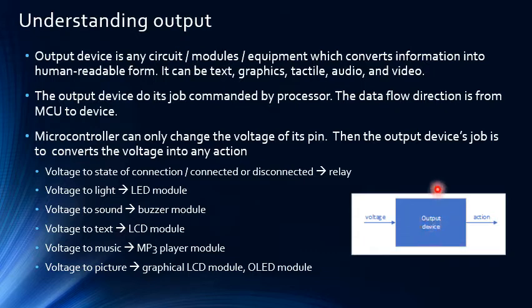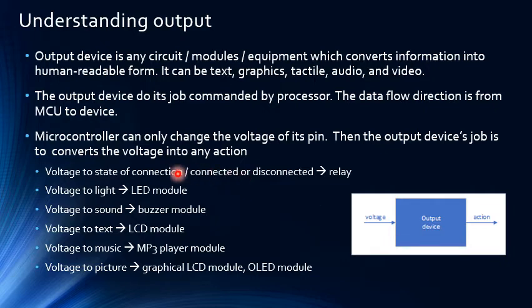Okay, so I just want to give you an example like this. I want to highlight this one. The microcontroller sends the command by changing the voltage from 0 volt into 5 volt, or vice versa, from 5 volt into 0 volt. That's only voltage.